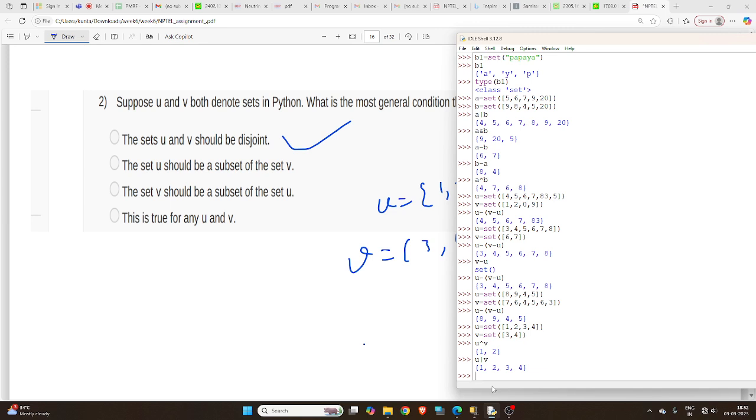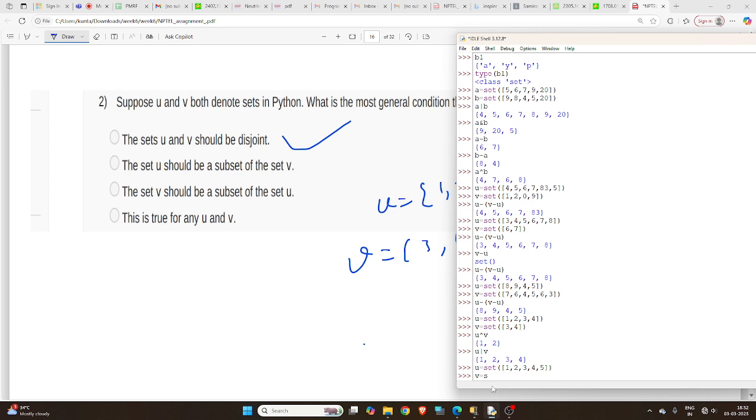But if u and v are both disjoint, meaning there is no common element between them, let's say u is {1, 2, 3, 4, 5} and v is {9, 0}.